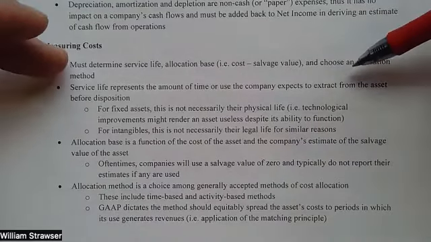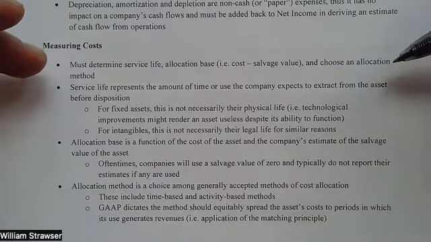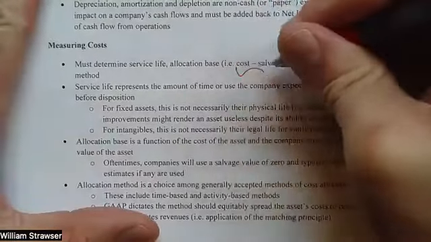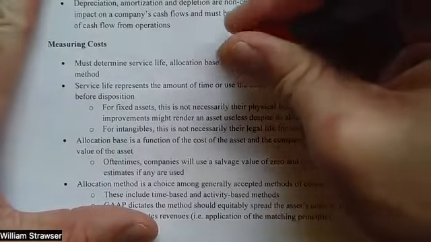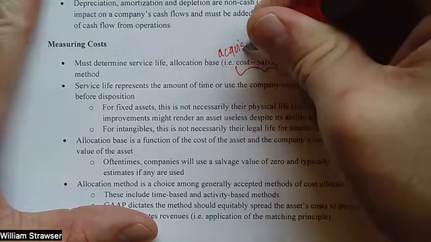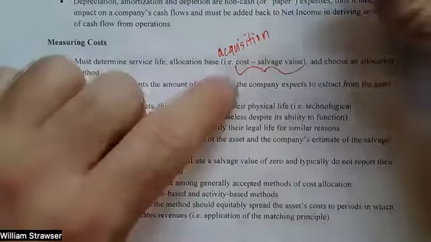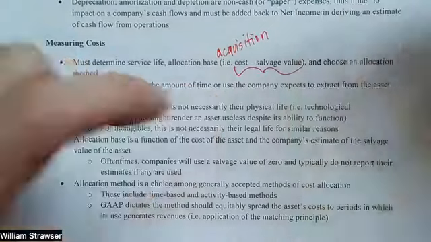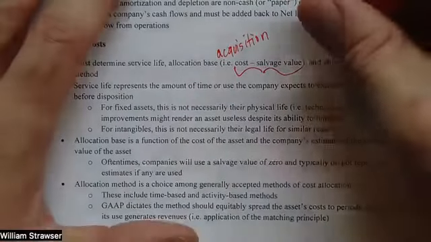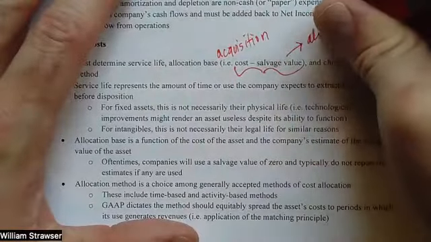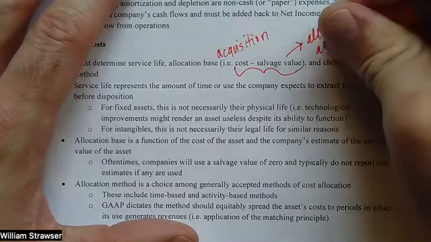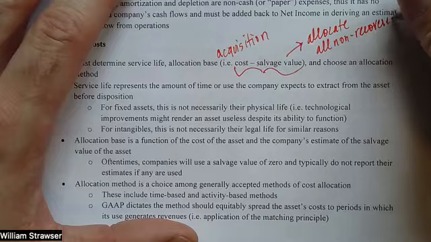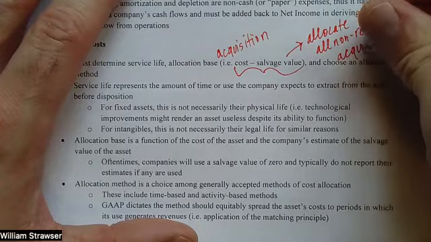Every asset has an allocation base, and the allocation base is just what the acquisition cost was, basically what we figured out in chapter 10, minus the salvage value. And the idea is I want to allocate all non-recovered acquisition cost.